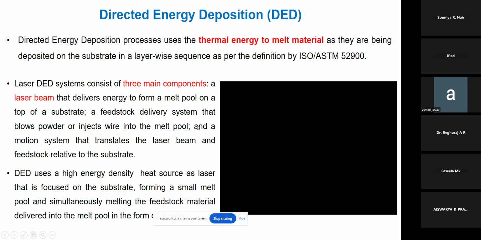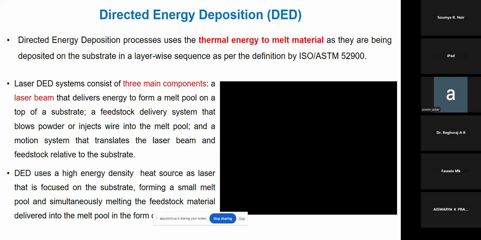The substrate may be a base plate or the substrate may be the existing product also. So this technique is mainly used in repairing places. For example, you have a huge size gear. In a gear, one tooth is getting broken, right? One tooth is broken.